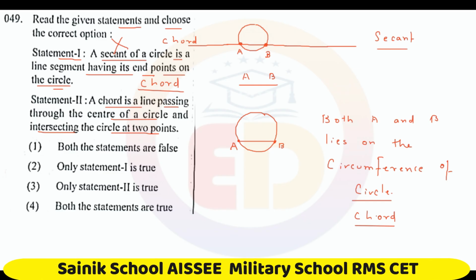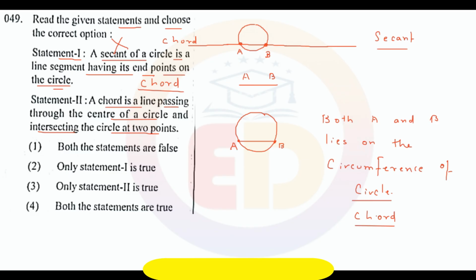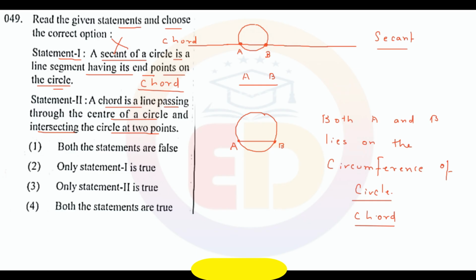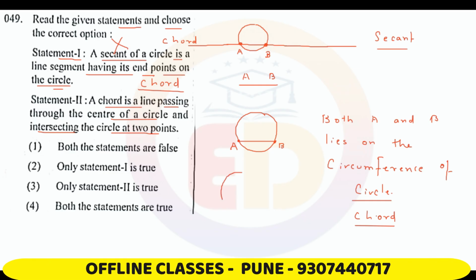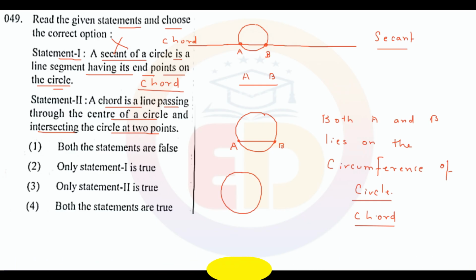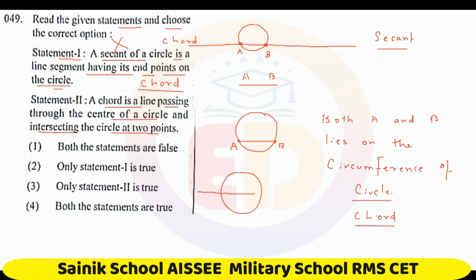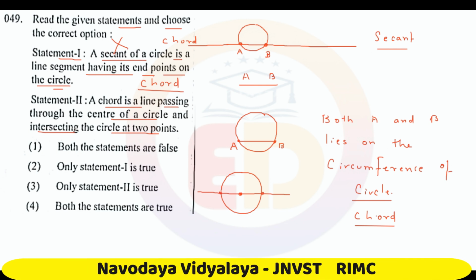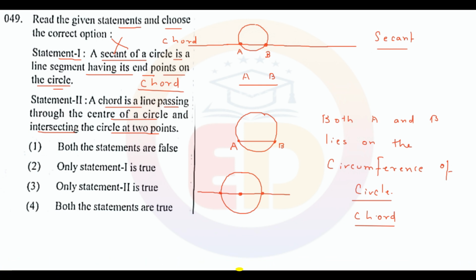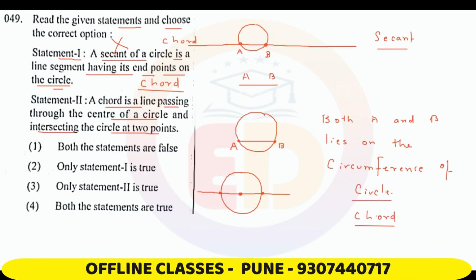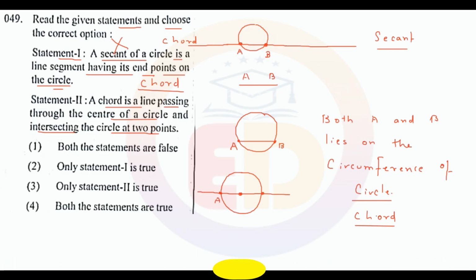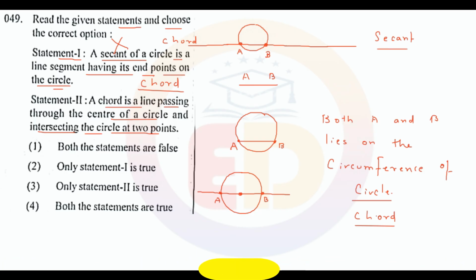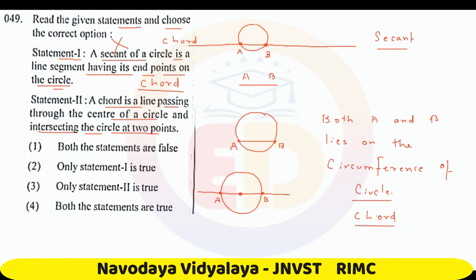Now let's have a look at the second statement. A chord is a line passing through the center of the circle and intersecting the circle at 2 points. Now what they're saying is a chord is a line passing through the center like this. Center. Now, a chord can pass through the center of the circle, but it should stop at the circumference. It should not go beyond the points A and B. In the second statement, it says it intersects the circle at 2 points.